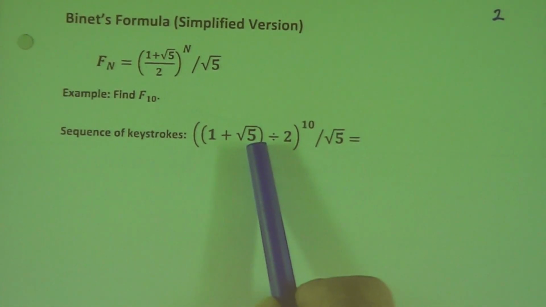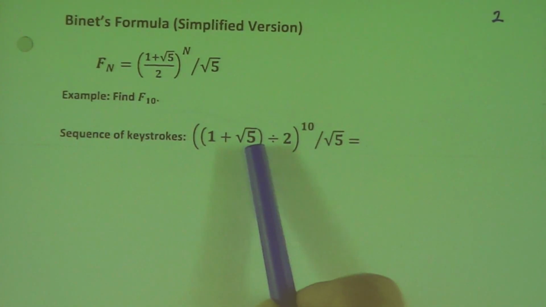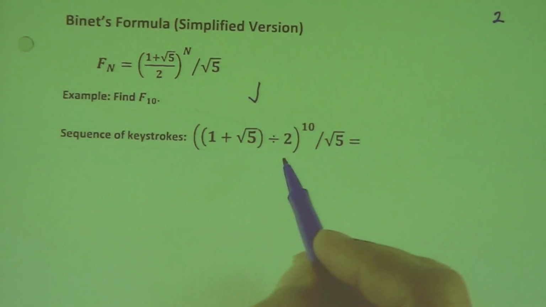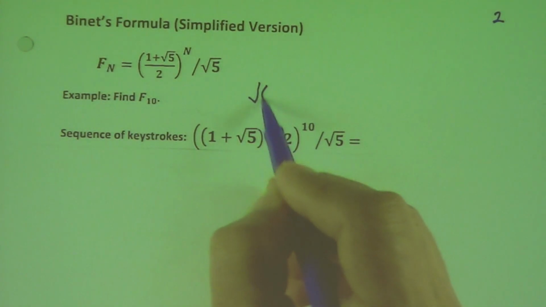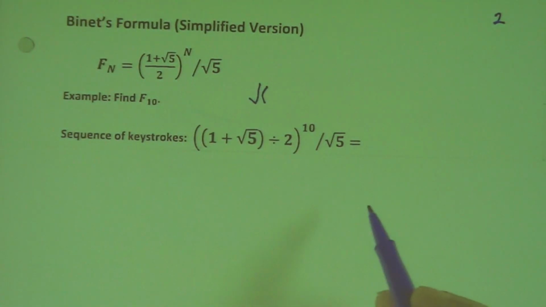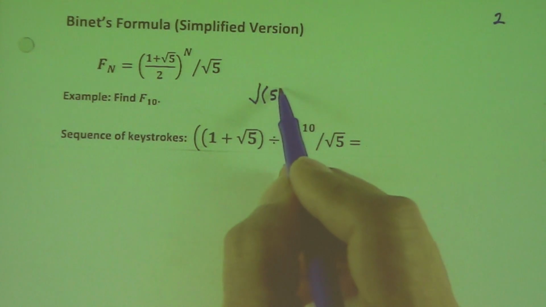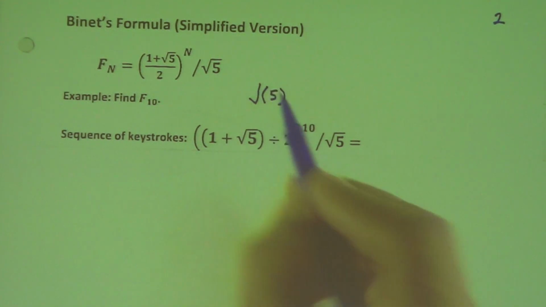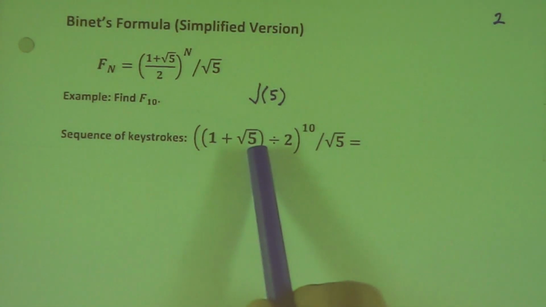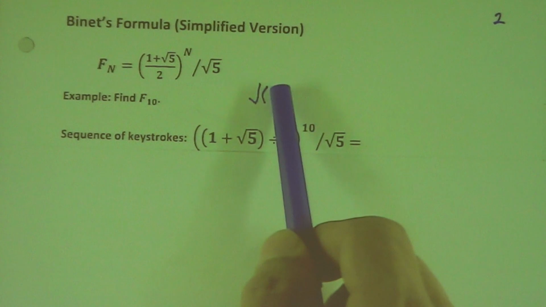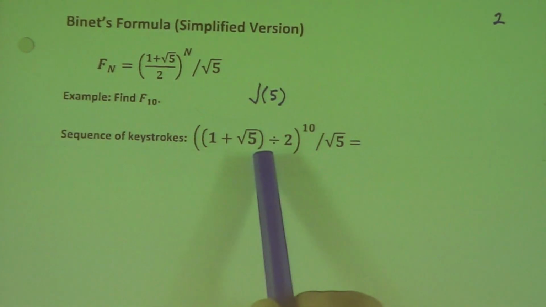Now for some of you, as soon as you press the square root on your calculator, it may open parentheses. So you will have to put a 5 and close the parentheses. If your calculator needs parentheses opening, you're going to need to close it. And you still have that one.